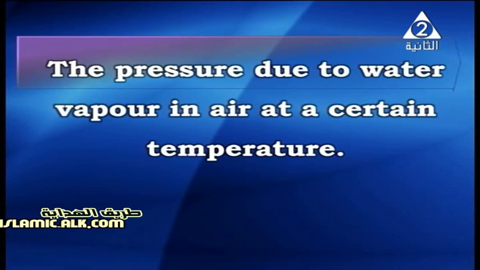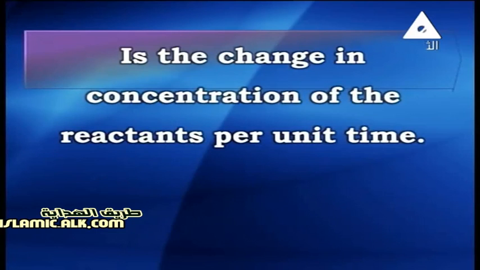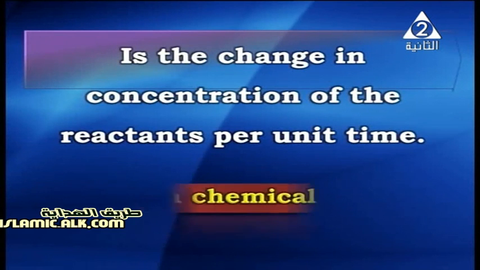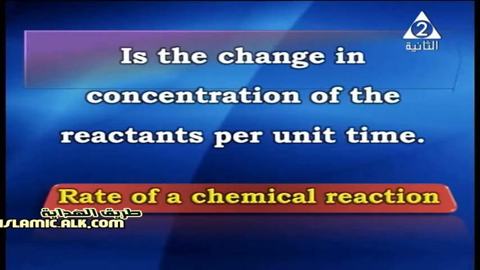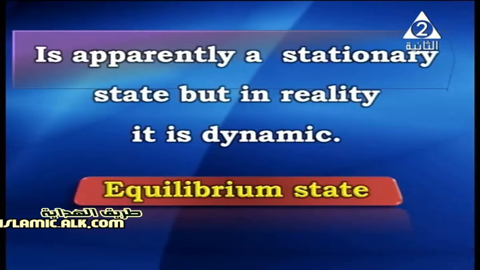It will be vapor pressure. Next point: the change in concentration of the reactants per unit time. Yes, it will be rate of chemical reaction. It is apparently stationary state, but in reality it is dynamic. Yes, it will be equilibrium state.